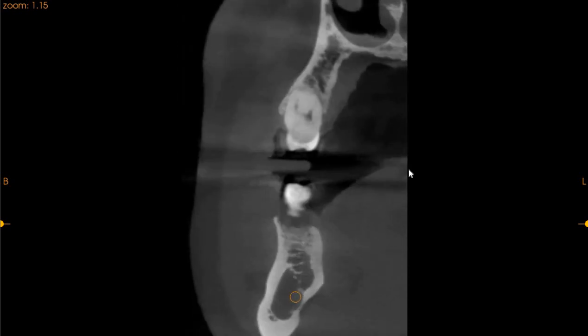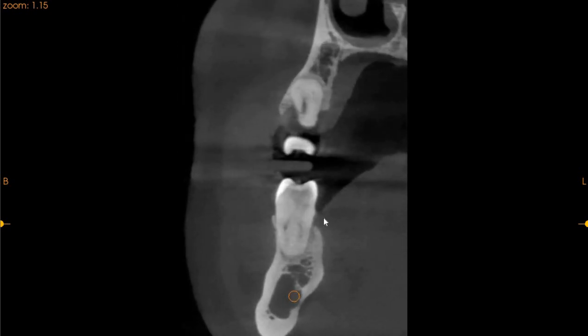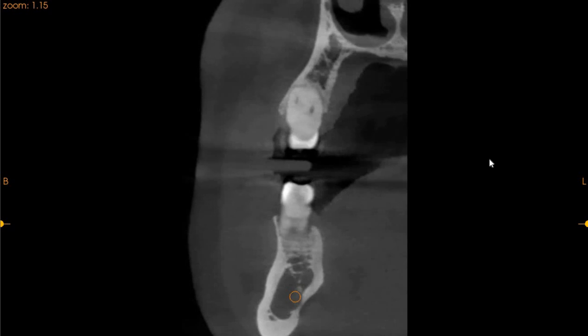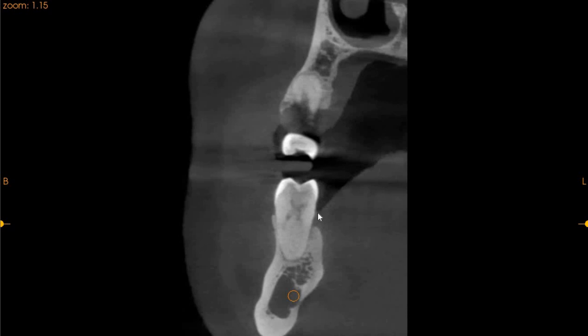The lower left first molar, we can see that this tooth, sorry, my apologies, this tooth basically has two roots. So the mesial root has two canals which can be clearly seen here. If we give you an estimated working length, it's going to be 19 millimeters for the two separate mesial canals.